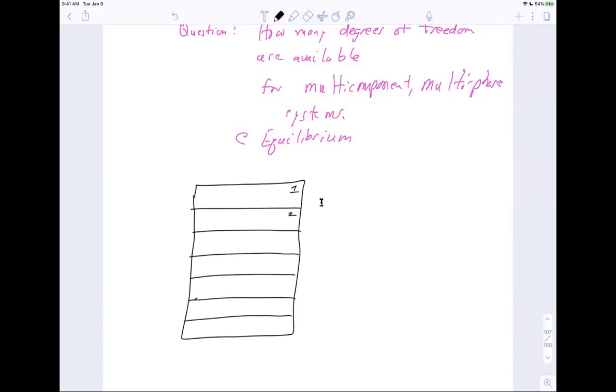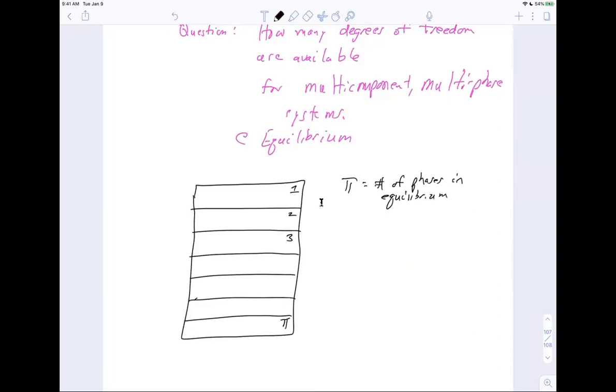This is phase 2. This is phase 3. These could be any phases, right? Whatever they are, it doesn't really matter. And we're going to go all the way down to something, and we'll just call this the pi-th phase. That's the Greek letter pi. So we have pi phases. Okay, so pi is equal to the number of phases in equilibrium.